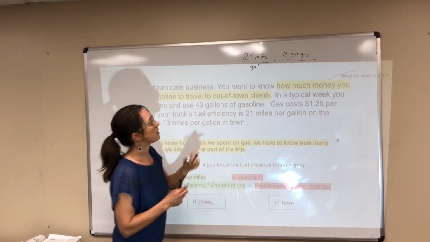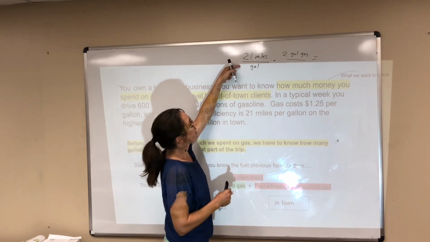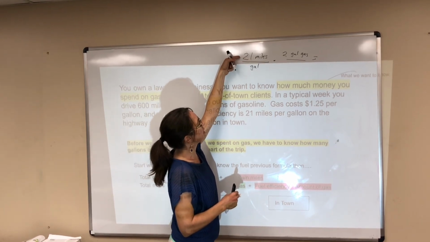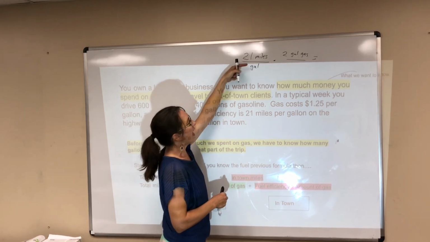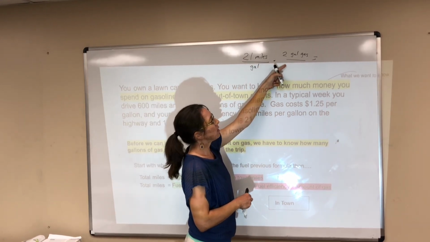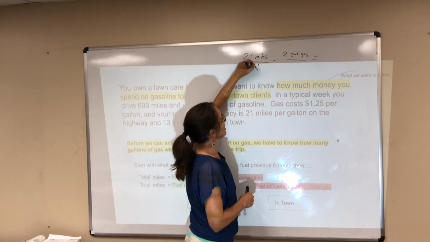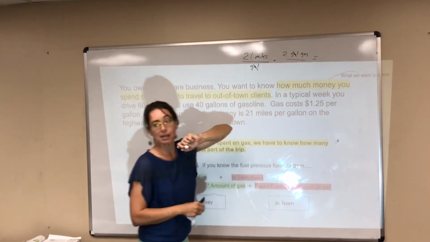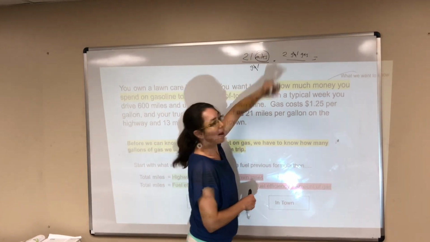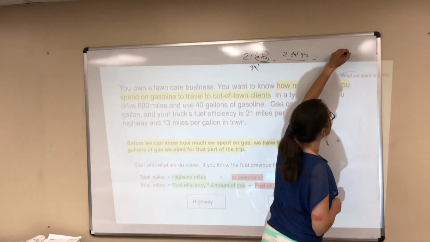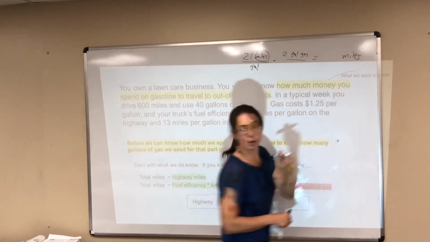Wouldn't it be 21 over 2? This is what my truck gets, 21 miles per gallon, and I used up 2 gallons. So my gallons cancel out appropriately, and the unit that is left is miles. This tells me how many miles I've gone.